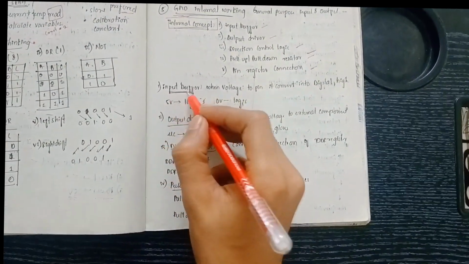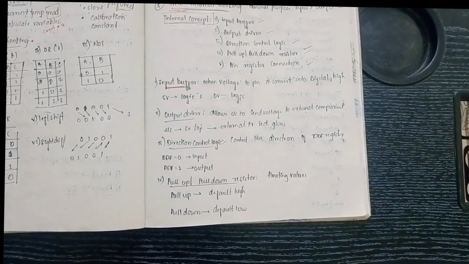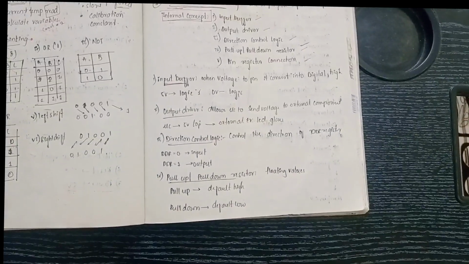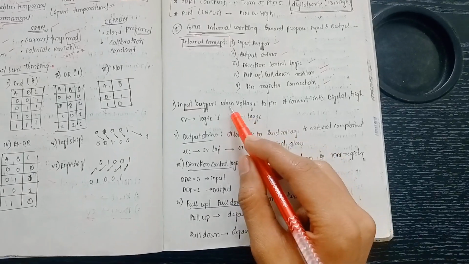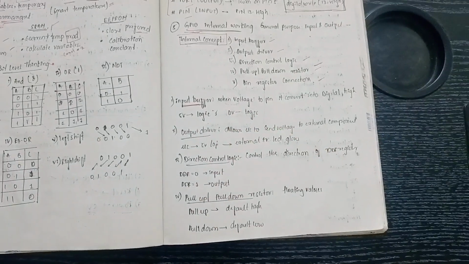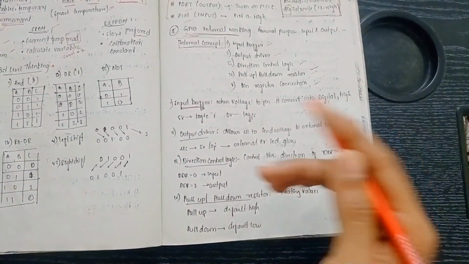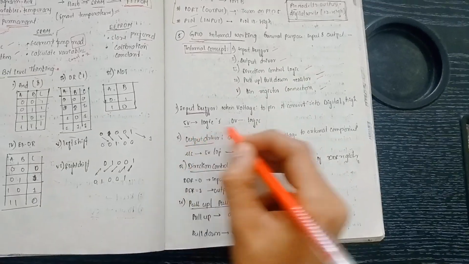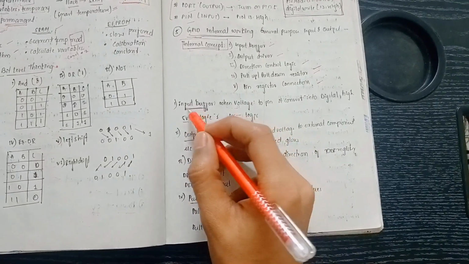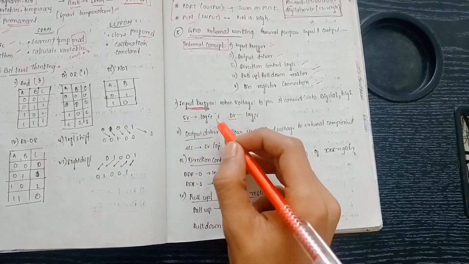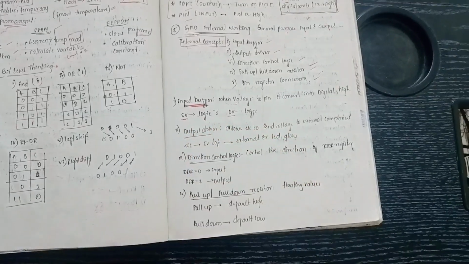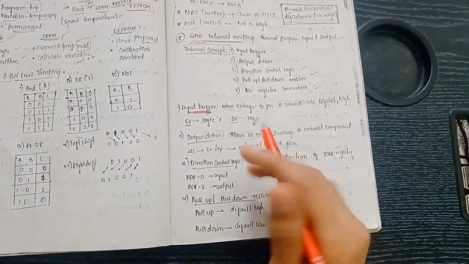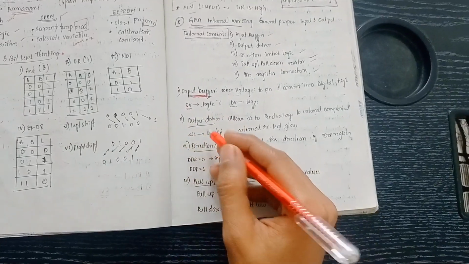So, input buffer. When a voltage is given to the Arduino board, it's generally in analog voltages. Input buffer has the ability to convert it from voltage to digital format for understanding.